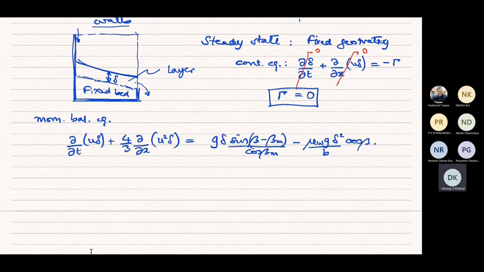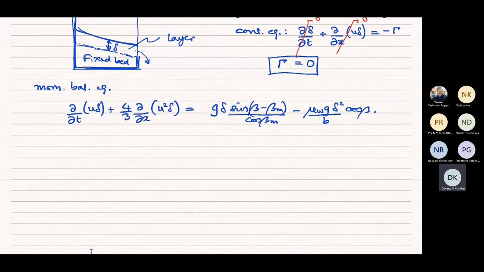So this is your momentum balance equation, but now everything is 0. So essentially you have steady state, so this is 0. u delta is not changing with time, and so you expect delta is also not changing with time. So this is 0. So you're just left with this simple expression. And if we cut out all the common factors, so g delta is common, so this gets cut out with this.